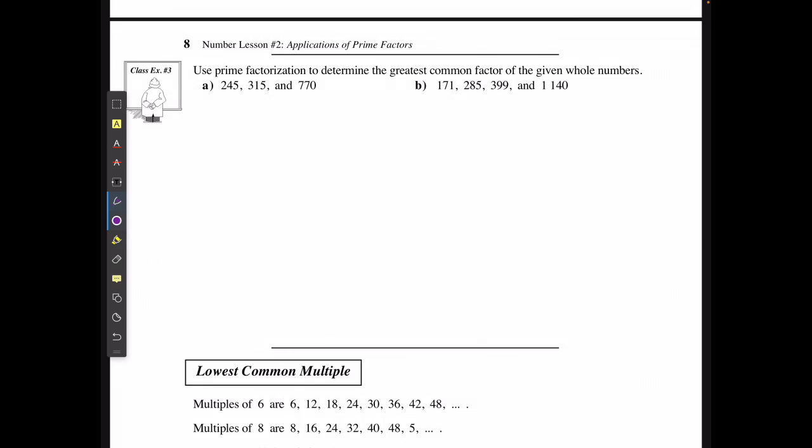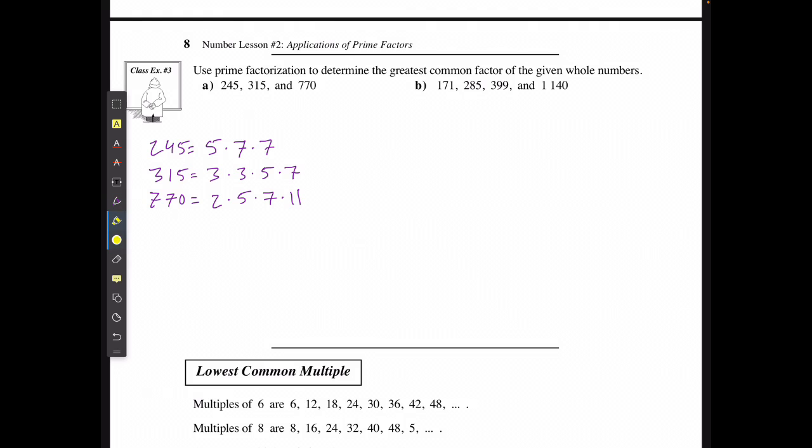So as long as I can list out what the prime factorization is, 245 is the same as 5 times 7 times 7. 315 is the same as 3 times 3 times 5 times 7. And 770 is equal to 2 times 5 times 7 times 11.